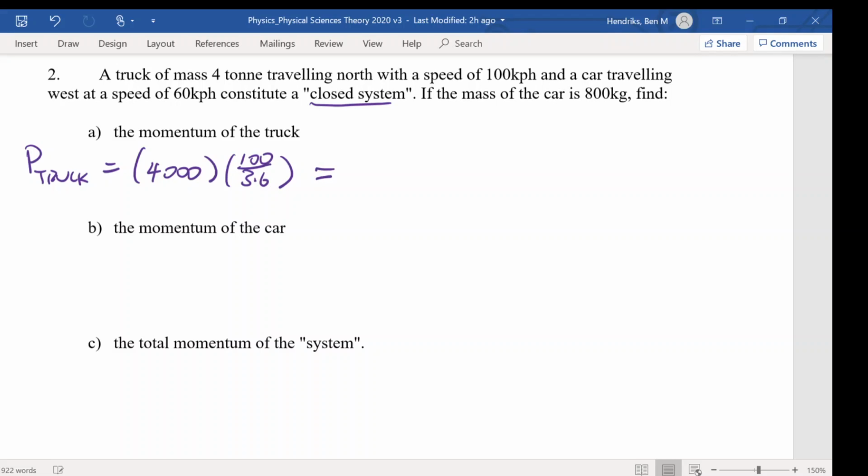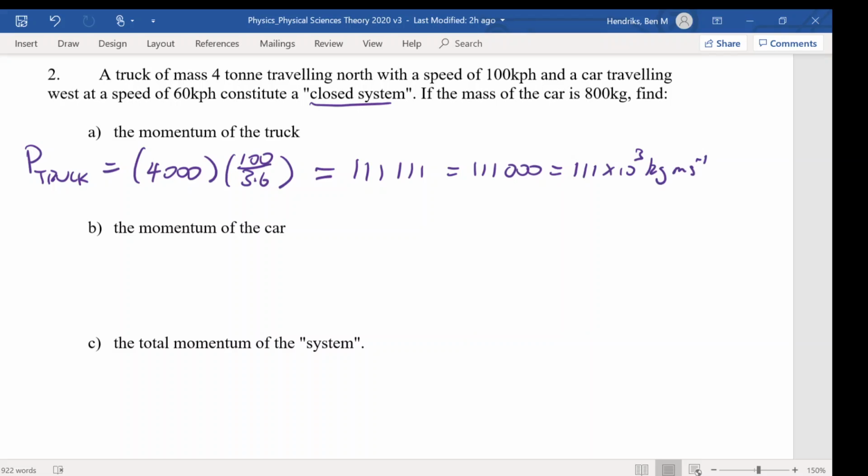That comes out as 111,111 kilograms meters per second. So I'm going to put that again to 3 significant figures. Okay, I'm going to do it in scientific notation this time. So it's 111 times 10 to the 3 kilograms meters per second.